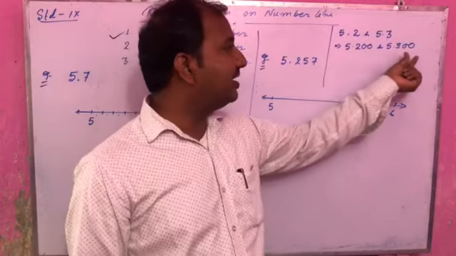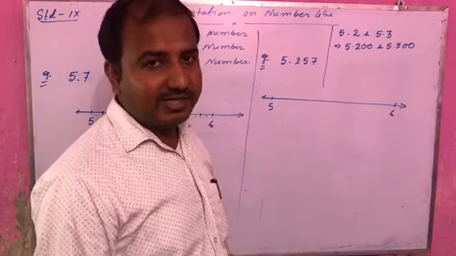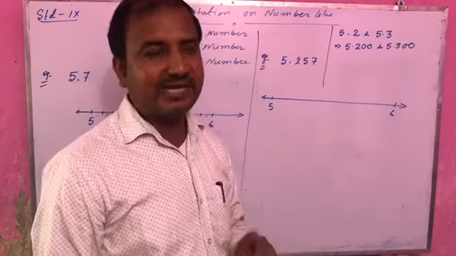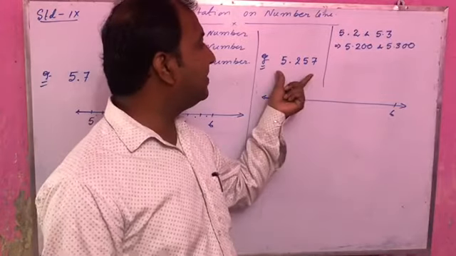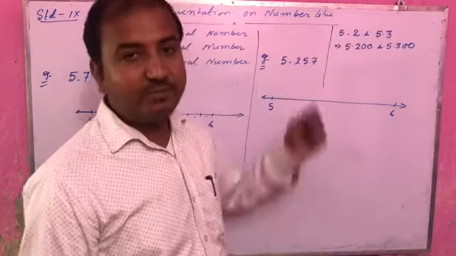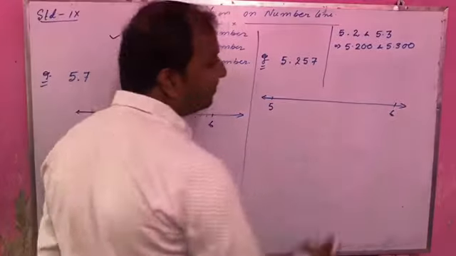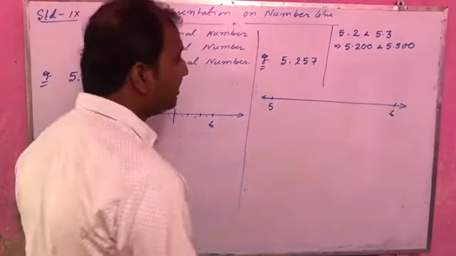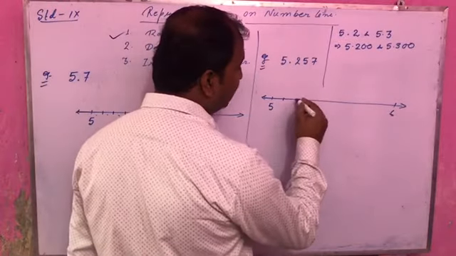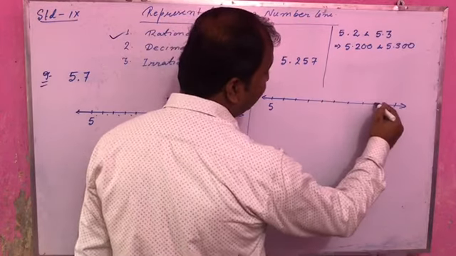Between 200 and 300, 257 will occur or not? आएगा. 200 और 300 के बीच में 257 है ना? है. मतलब मुझे अब आप नेगलेक्ट करो कि ये पूरा रिप्रेजेंट करना है. आपको क्या चाहिए? These two चाहिए. तो इस दो को रिप्रेजेंट करने का तरीका आपको पता है? The distance between 5 and 6 will be divided into 10 equal parts. Means we will have to draw 9 lines. 1, 2, 3, 4, 5, 6, 7, 8, 9.